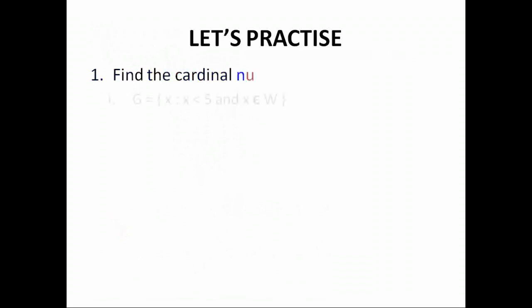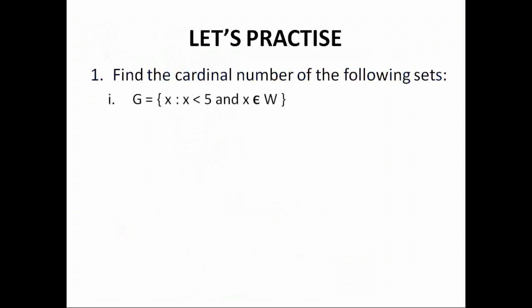Let's practice. Find the cardinal number of the following sets. So here G is given as x such that x is less than 5 and x belongs to whole numbers. Now, can we identify or count the cardinal number of this set? No. Why? Because it is written in set builder form.